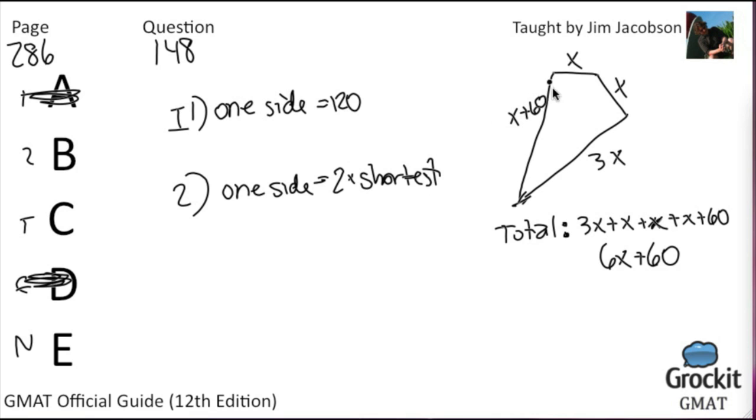First, in terms of figuring out what the shortest sides are, we have two sides that are x. Well, first off, we only have two sides that are the same value. And so clearly x is the shortest side because one of these other sides is 3 times that and one of the other sides is 60 more than that. So one side is twice x.